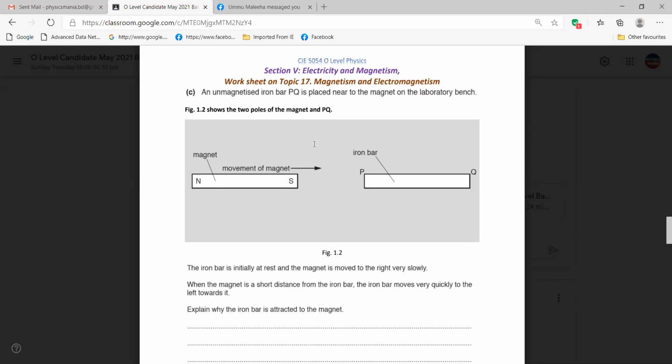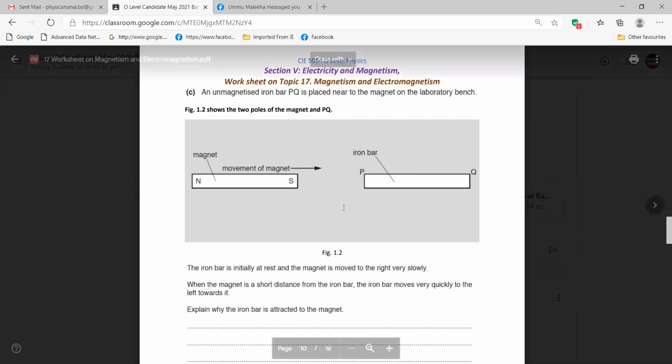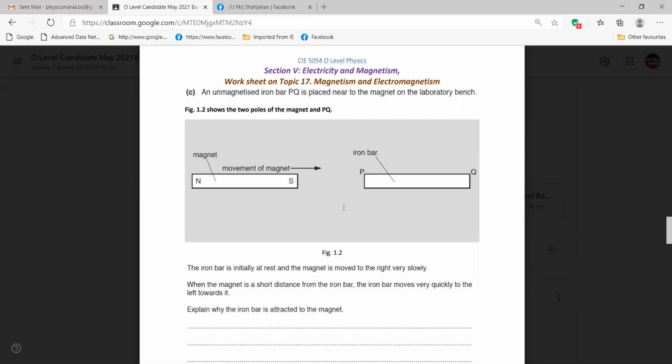Then on this side P we are getting the north pole, and on this side Q we are getting the south pole. South and north are opposite poles, so they are attracting each other. Is it clear?